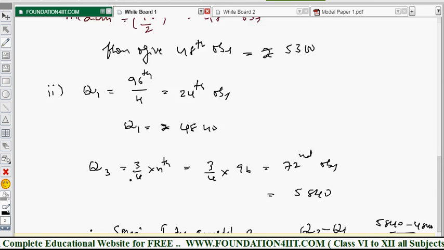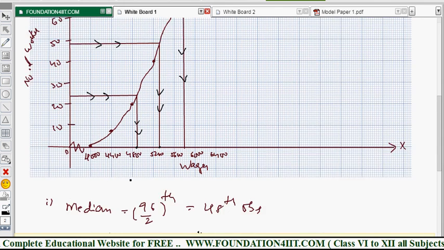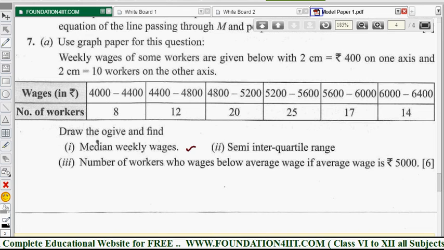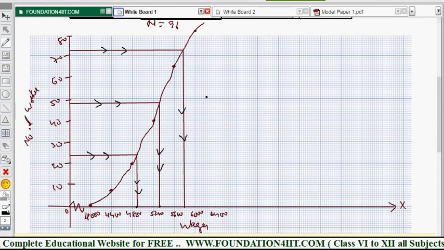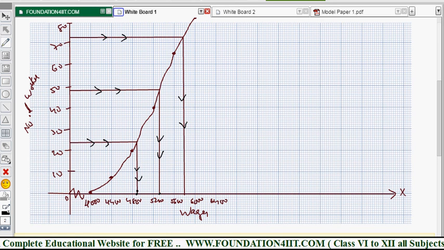And from the OG itself, the next question is how many workers earn below the average wage, if the average wage is 5000. That means from 5000 you should take the straight line. So 5000 is the number, just check it. Between 4800 and 5200, take this number after 5000.